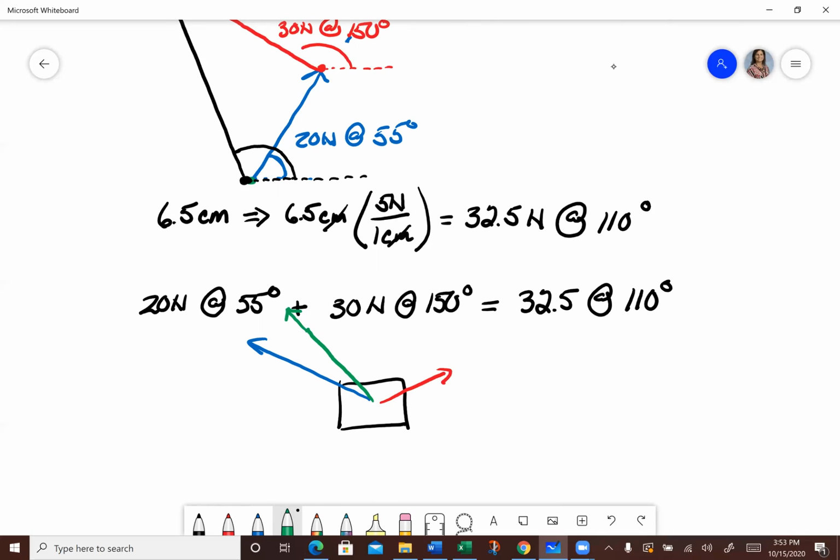The 32.5. And you would then say that's your answer as if those two forces didn't exist. That is the resultant. These two are called components. This is called the resultant.